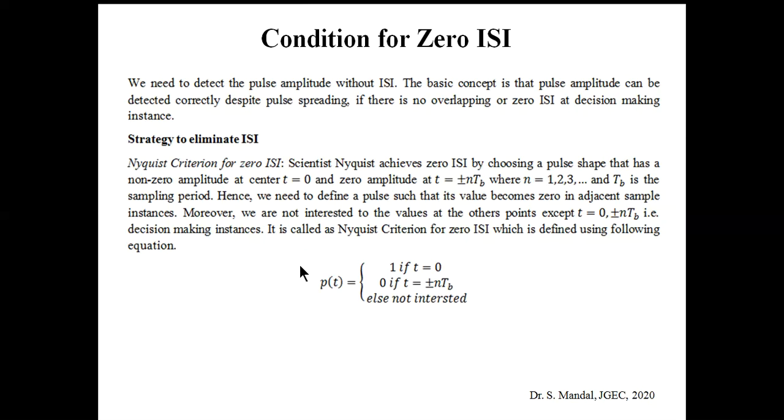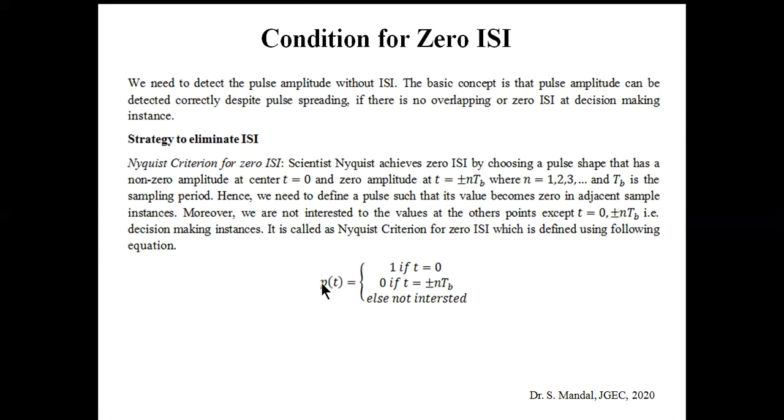For this pulse we define it such that we get a non-zero value at t equal to 0 seconds, but at the adjacent sampling instants it becomes 0. Moreover, we are not interested in other points except 0 and plus or minus nTb, which are the decision making instants.